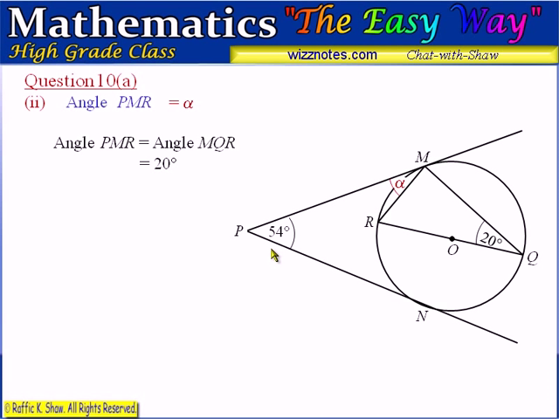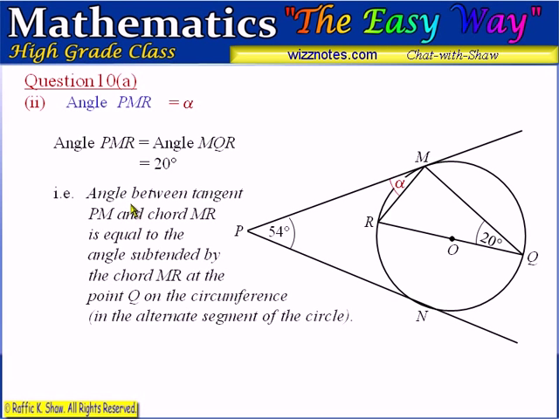The reason is: the angle between a tangent PM and the chord MR is equal to the angle subtended by the chord MR at the point Q on the circumference, in the alternate segment of the circle, meaning the segment alternate to the angle alpha. So that's on this segment of the circle.